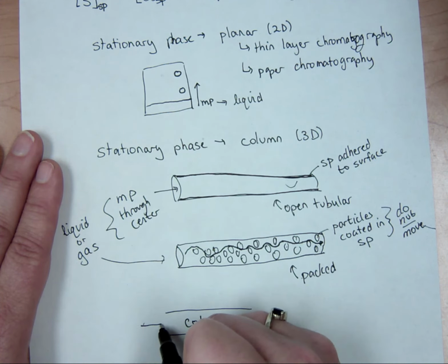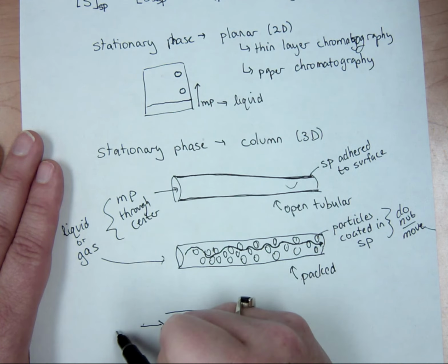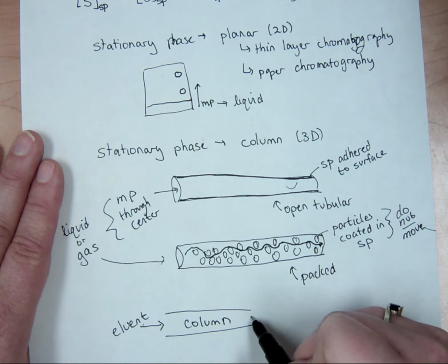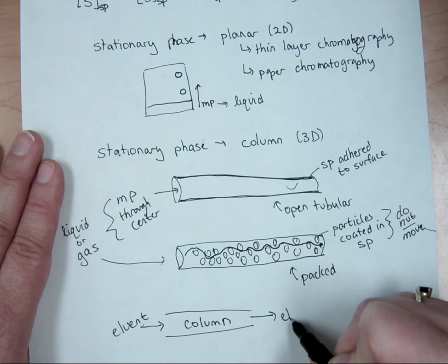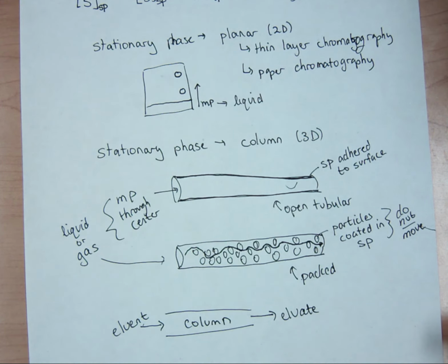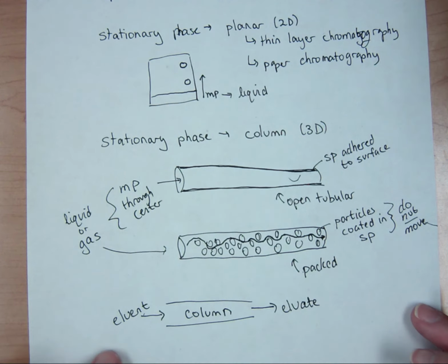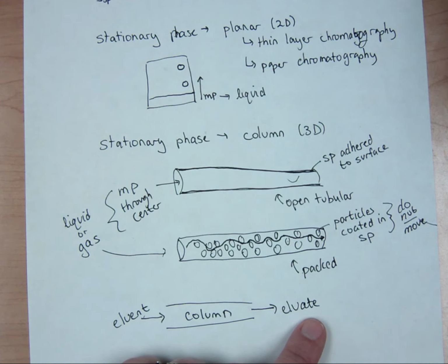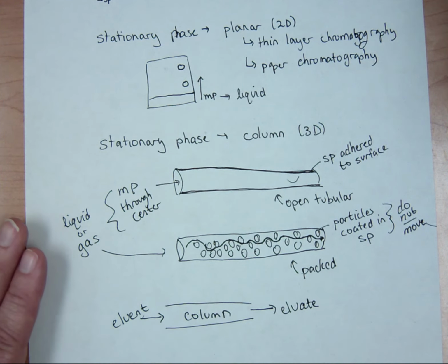When the mobile phase is coming into the column, we call this the eluent. And what's exiting the column is called the eluate. So if you see those terms as you're looking at different uses of chromatography, eluent is simply what's coming into the column before separation, and eluate is what's coming out of the column after separation.